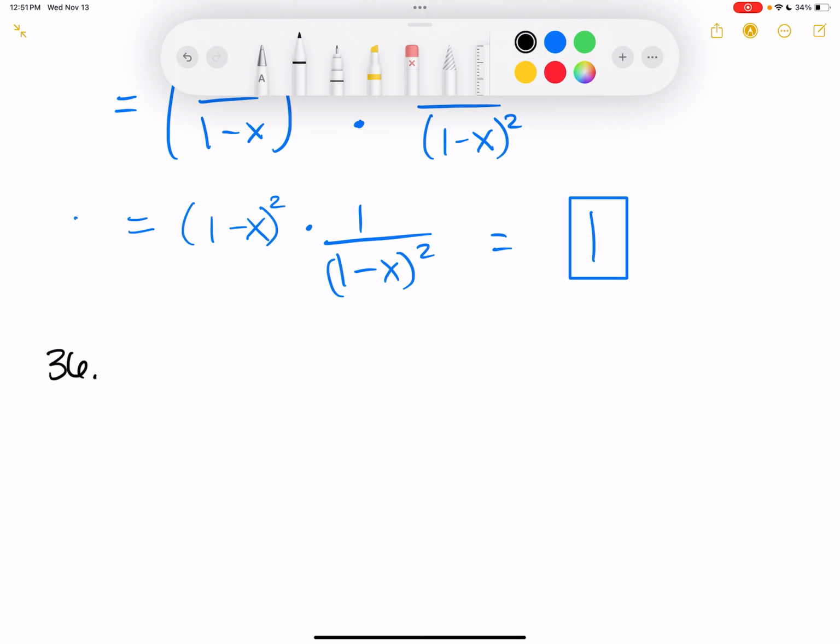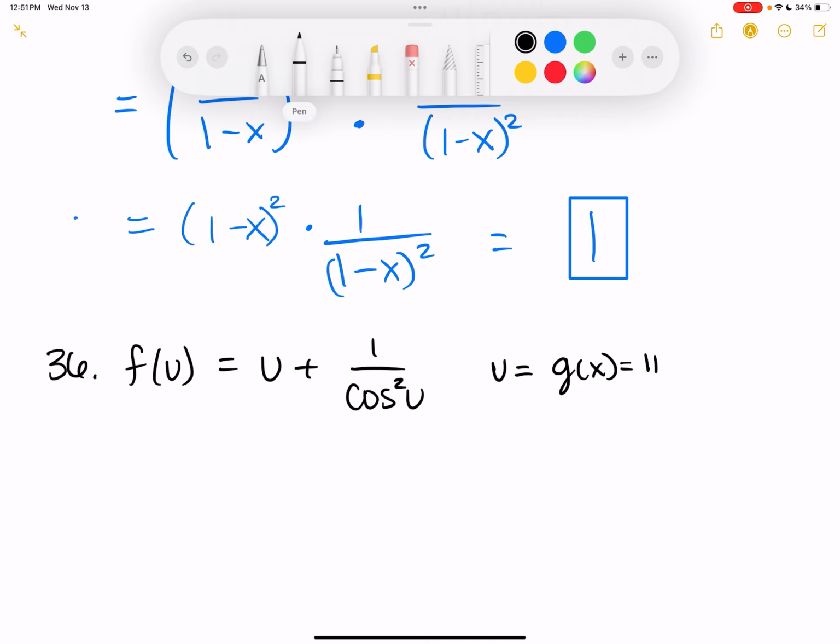36. Oh boy. That's 6 squared. f of u equals u plus 1 over the cosine squared of u. u equals g of x, which equals pi x. x equals 1/4.